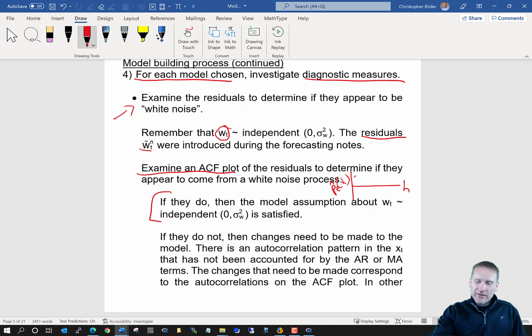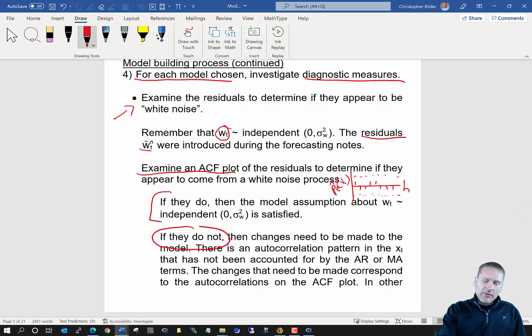Let's say we have these dashed lines across corresponding to our hypothesis test. If the autocorrelations look like this, with all of the autocorrelations from the residuals within those dashed lines, then I'm okay with the assumption that W_t is truly white noise with our corresponding model.